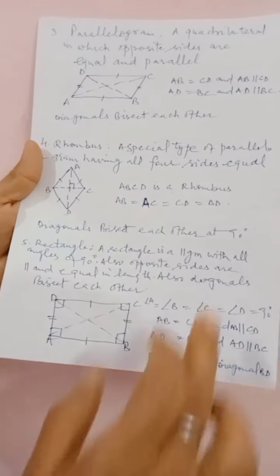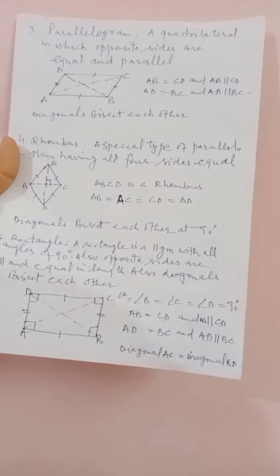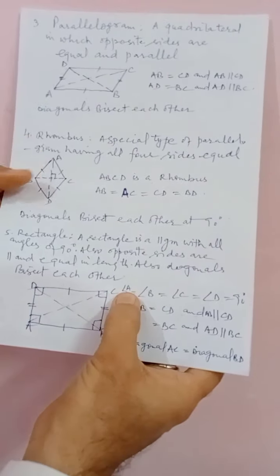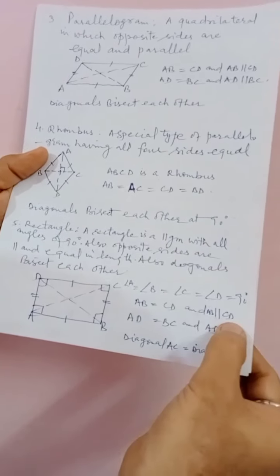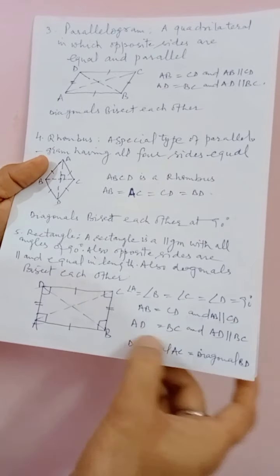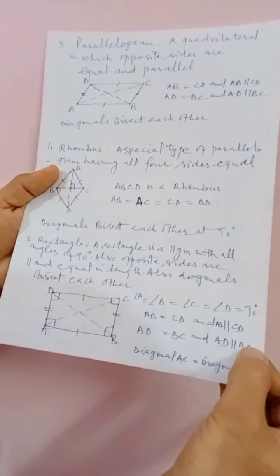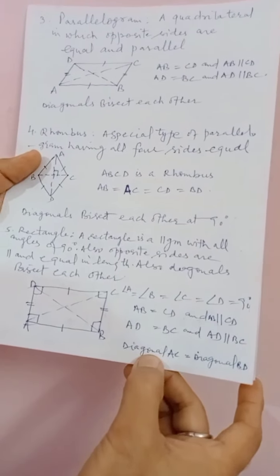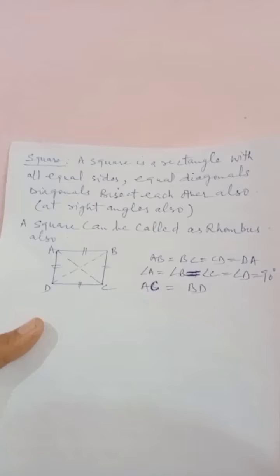Here also the diagonals bisect each other. So angles A, B, C, D are all 90 degrees. Opposite sides are equal and parallel, that is AB is equal to CD and AB is parallel to CD. AD is equal to BC and AD is parallel to BC, and also diagonal AC is equal to diagonal BD.